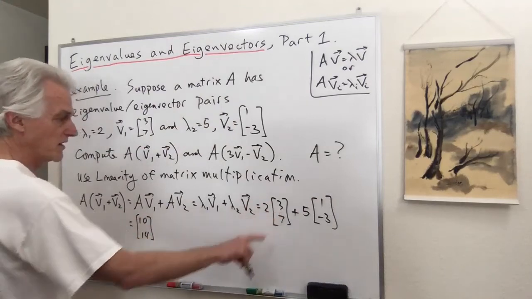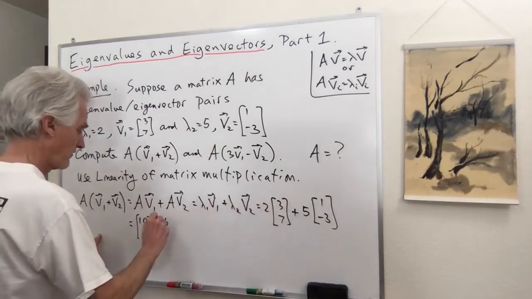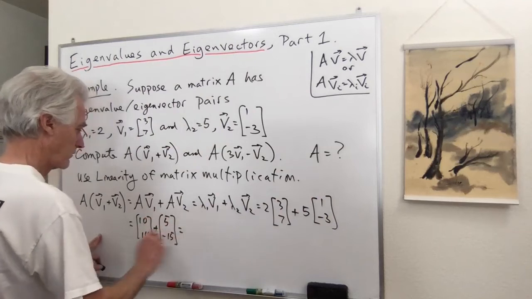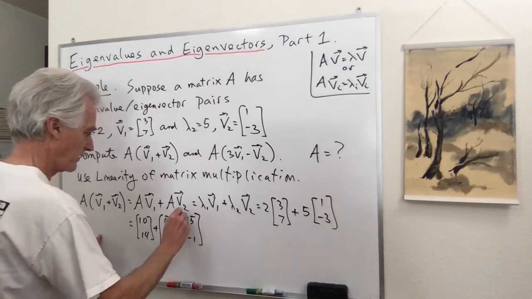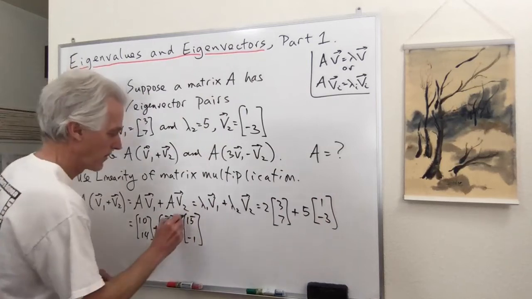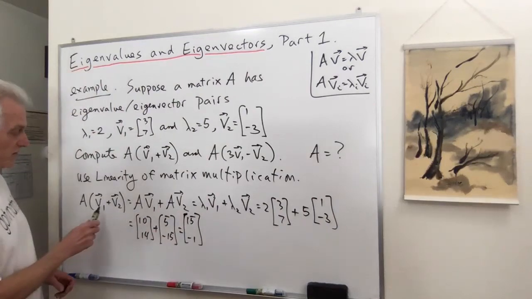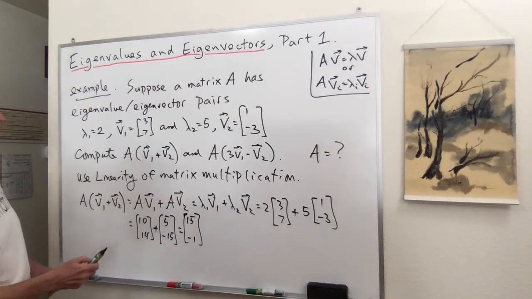That's twice (3, 7), plus (5, -15). So I get 15 and negative 1 as the two components of A(V1 plus V2). (15, -1). Okay.